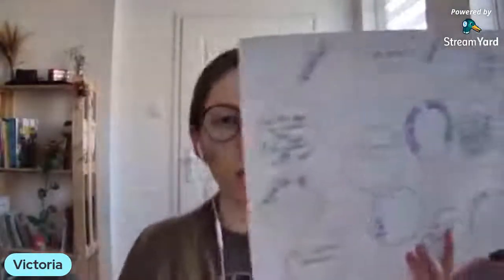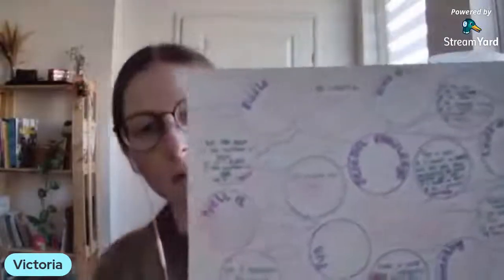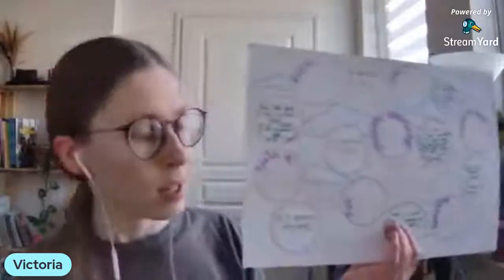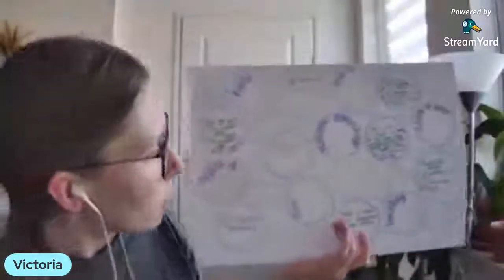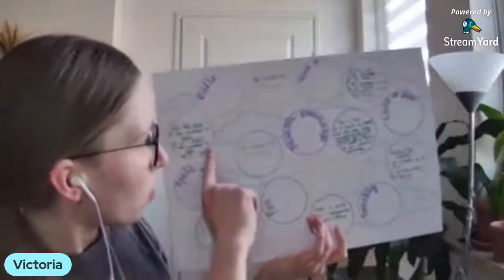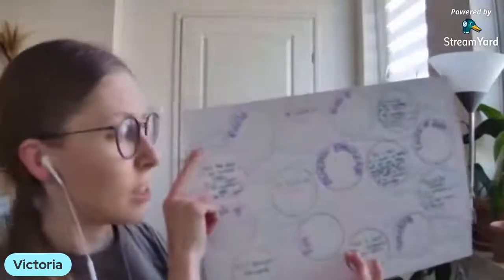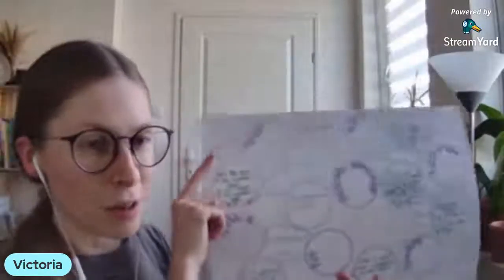It's a board game, and I made this reusable board game that has lots of different spaces here. It's got 15 spaces, not too many, but it's pretty much endless, to be honest.